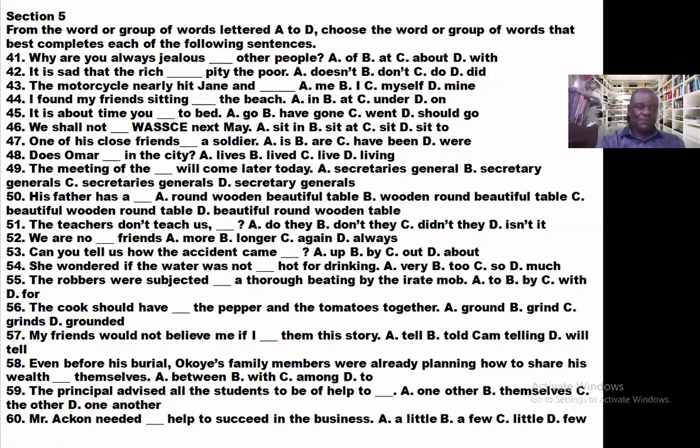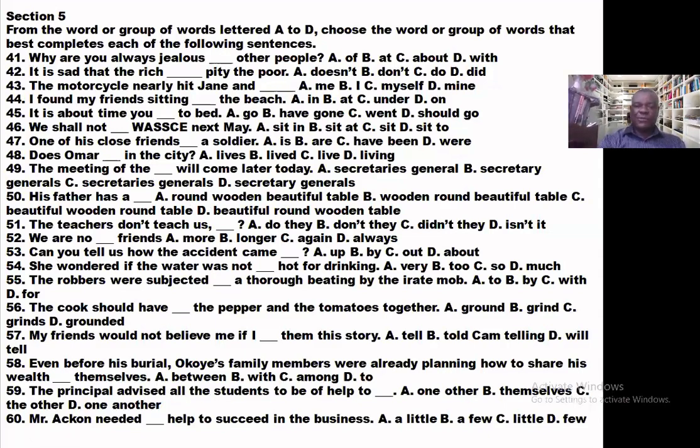That's the principle. So let's now use that principle to look at A, round wooden beautiful table. No, because beautiful should come first. Beautiful is opinion, then round is shape, then wooden is material. Material should come towards the end.